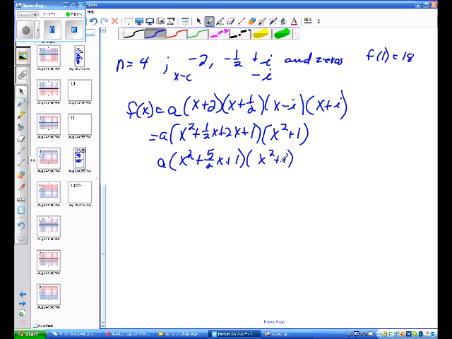Now what we need to do is multiply this. So x squared times x squared is x to the fourth. X squared times 1 is x squared. 5 halves x times x squared would be 5 halves x cubed. 5 halves x times 1 is 5 halves x. 1 times x squared is x squared. 1 times 1 is 1.